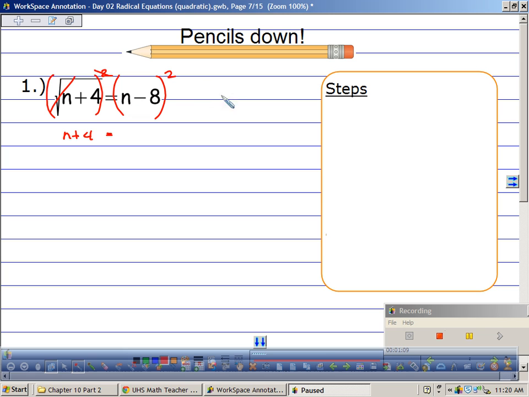There's two different ways you could handle this. You could FOIL it. You could use a box. I know this is going to turn into a perfect trinomial because this is the definition of a perfect trinomial, right?